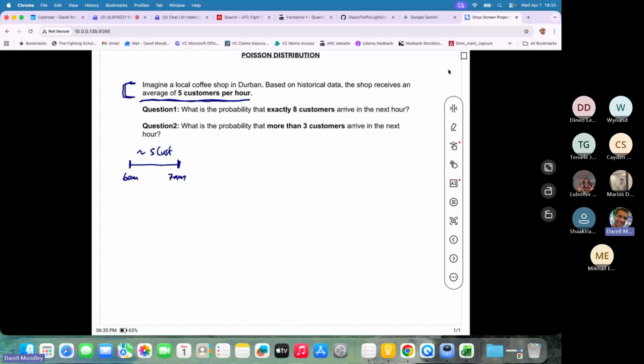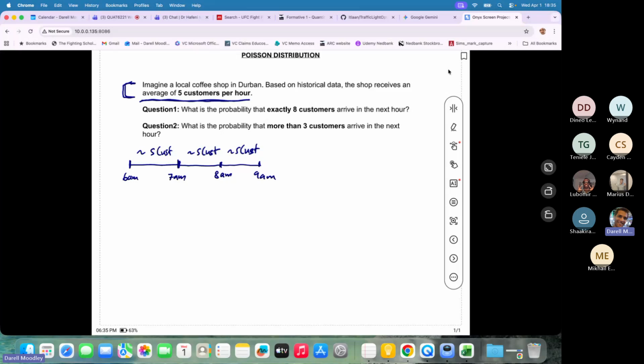And in the next hour, 7 a.m. to 8 a.m., which is another hour, they get another 5 customers, because that's what the information is telling us. They get roughly 5 customers every hour.